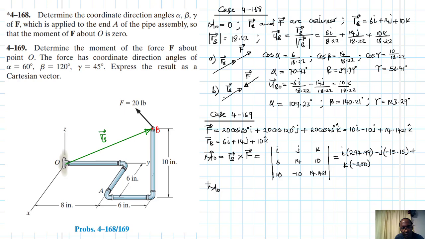Therefore, our moment about point O is just going to be equal to 297.99 i plus 15.15 j minus 200 k.